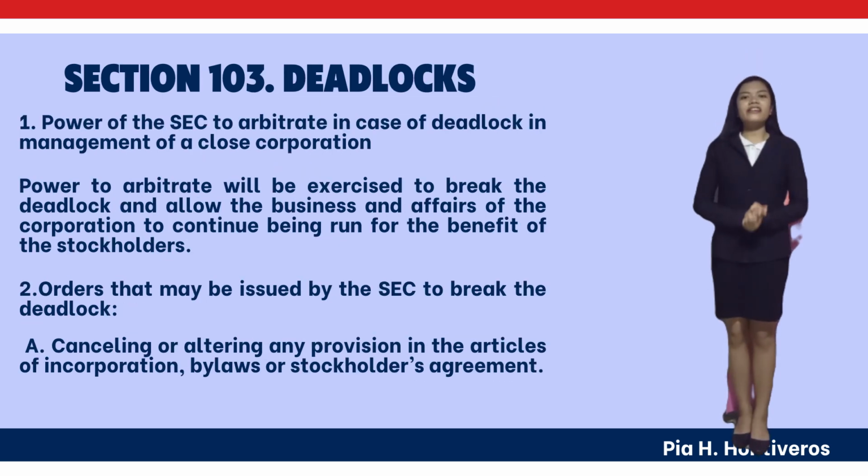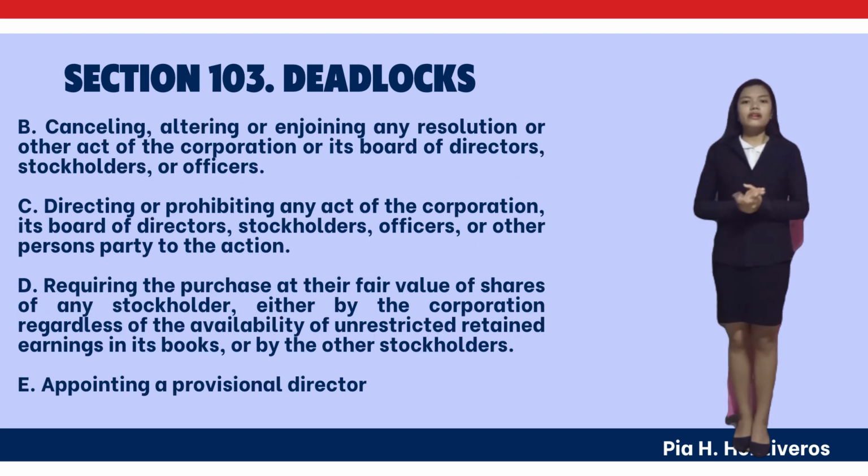The SEC, in the exercise of its power to arbitrate, may make an order. Number 1, canceling or altering any provision in the articles of incorporation, bylaws, or stockholders agreement. Number 2, canceling, altering, or enjoining any resolution or other act of the corporation or its board of directors, stockholders, or officers.